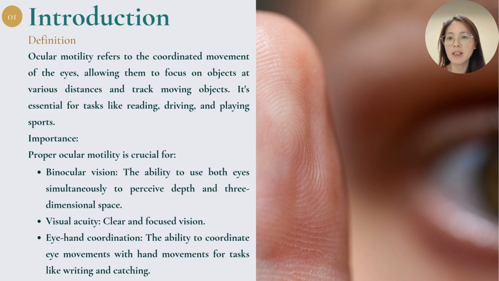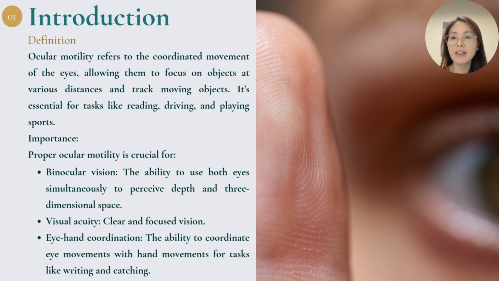First, it supports binocular vision, which is the ability to use both eyes together. This gives us depth perception and lets us see in 3 dimensions. Second, it contributes to visual acuity, helping us maintain clear and focused vision as we look around.